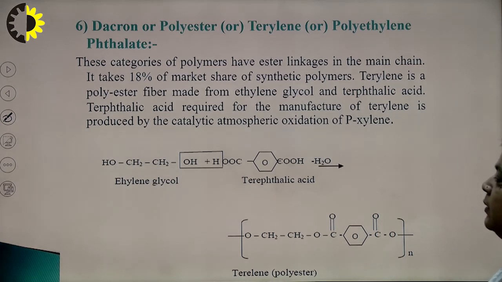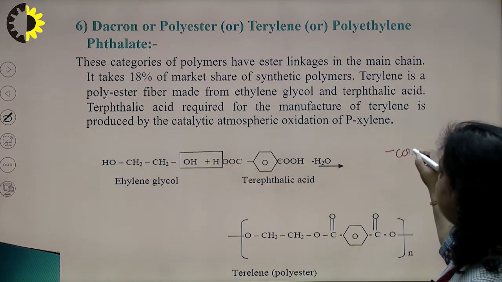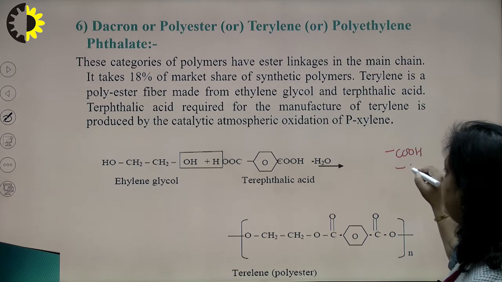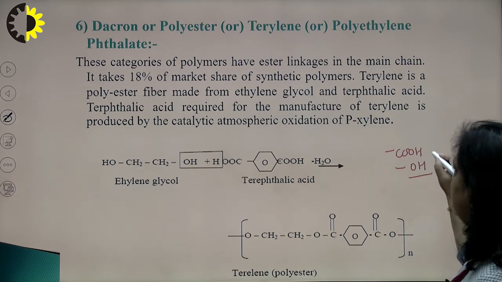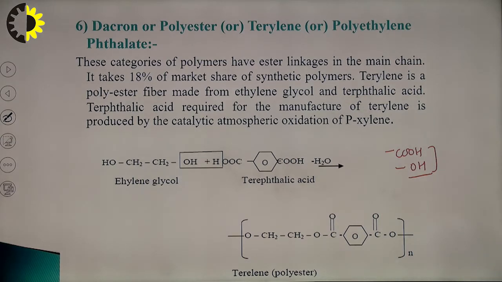Polyester, ester, and we know that ester is formed by the combination of acid and alcohol. So, I think it is clear that one monomer should have at least 2 acidic groups and the second monomer should have at least 2 OH groups, so that ester gets formed.